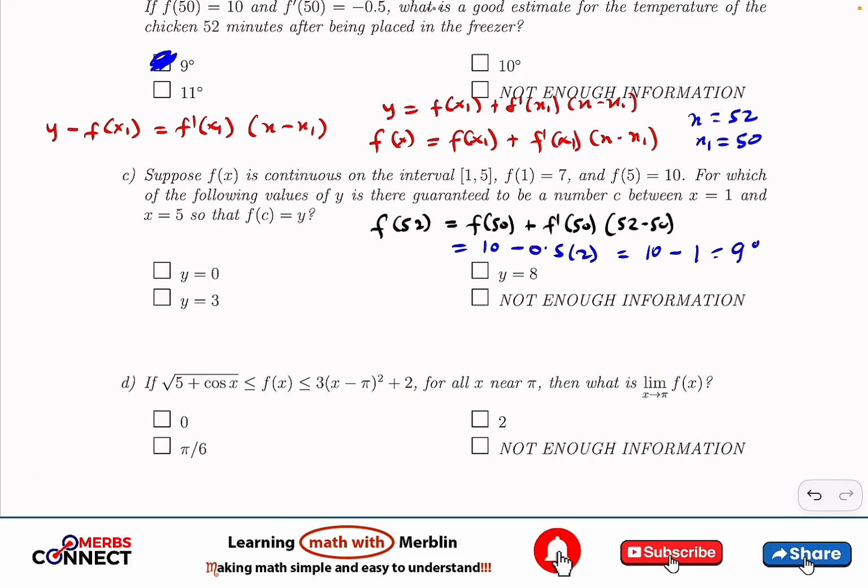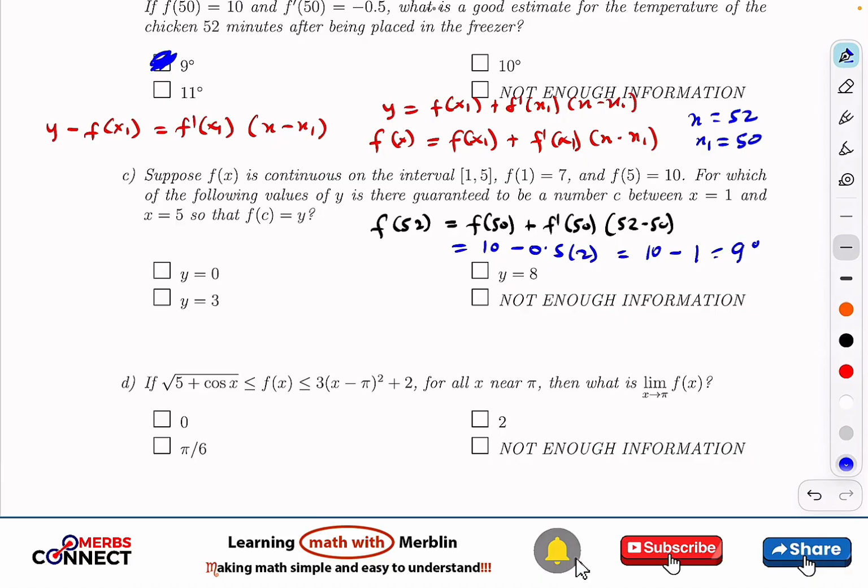Now, suppose f of x is continuous on the interval 1, 5, and f of 1 is 7, and f of 5 is 10. For which of the following values of y is there guaranteed to be a number c between... Okay, so this is basically the intermediate value theorem.